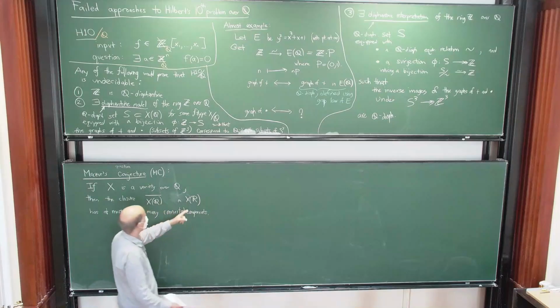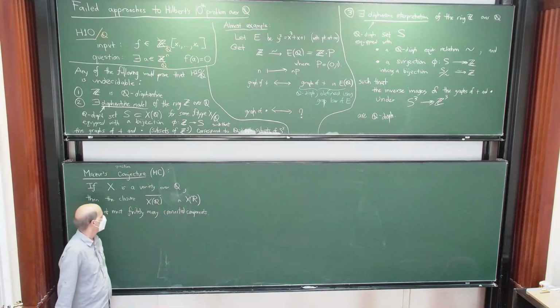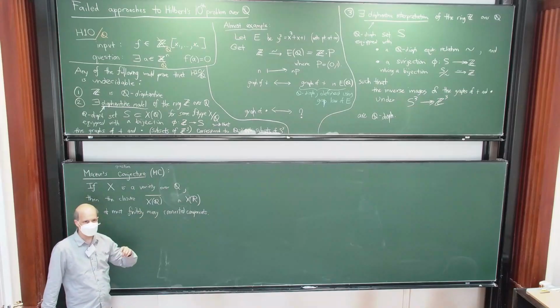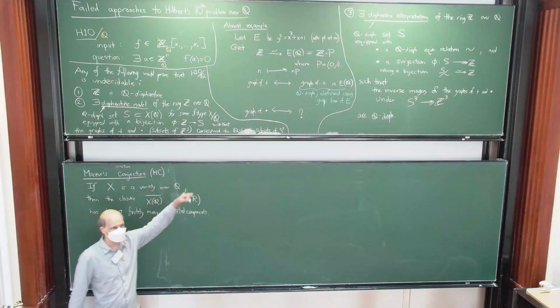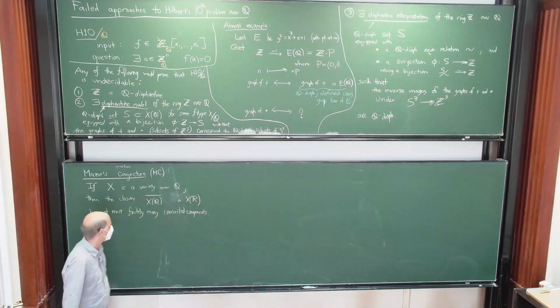So for example, if X were some hypersurface in affine space, then it's saying that it can't happen that the set of rational points is just a sequence marching off to infinity. That's an example of what this is ruling out.